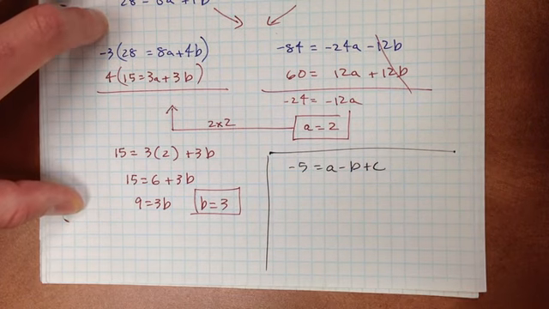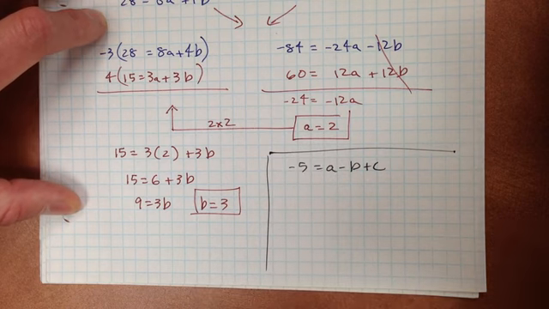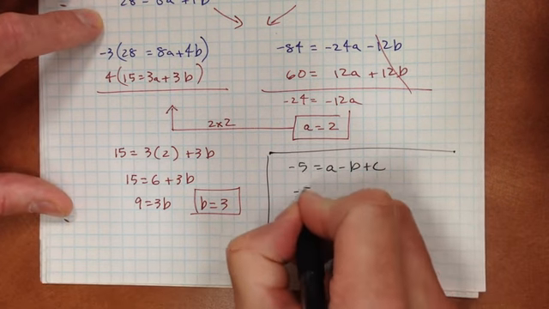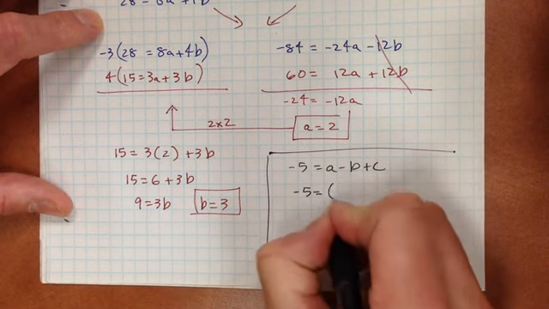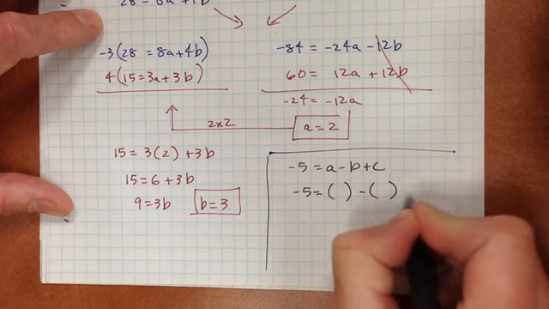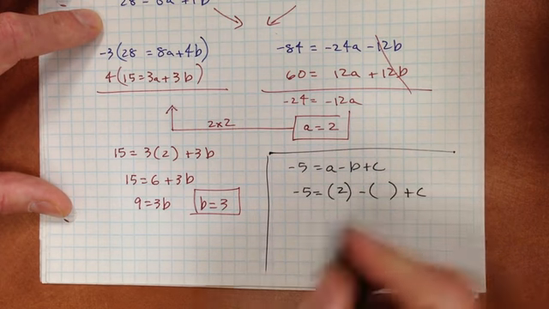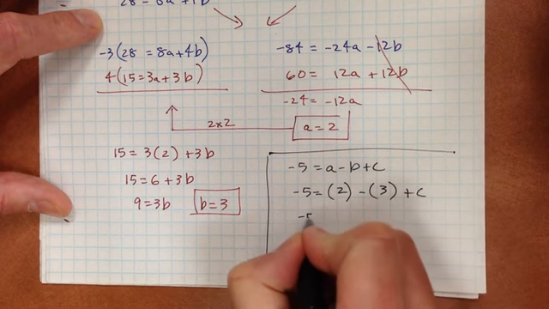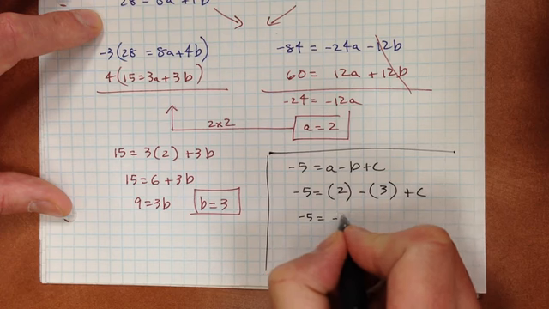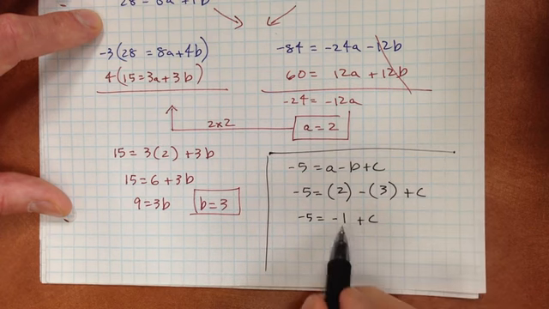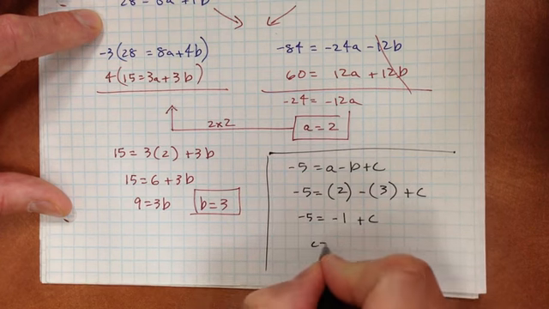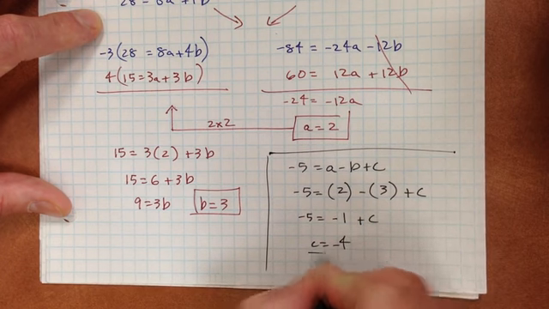I'm subbing in 2 for a and 3 for b. -5 equals 2 minus 3 plus c, so -5 equals -1 plus c. Add 1, and c equals -4.